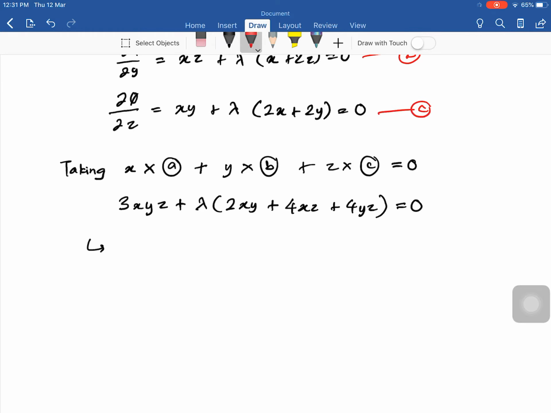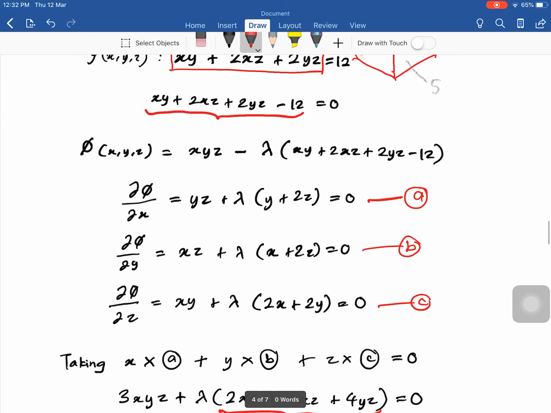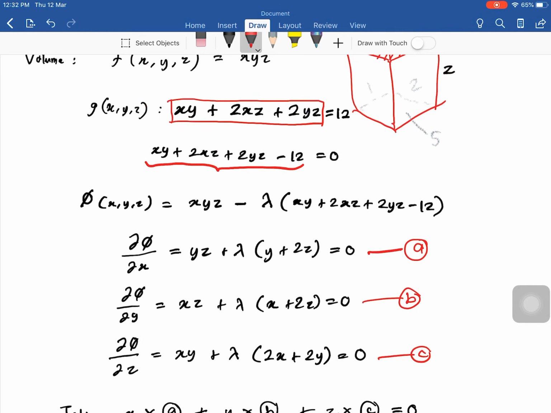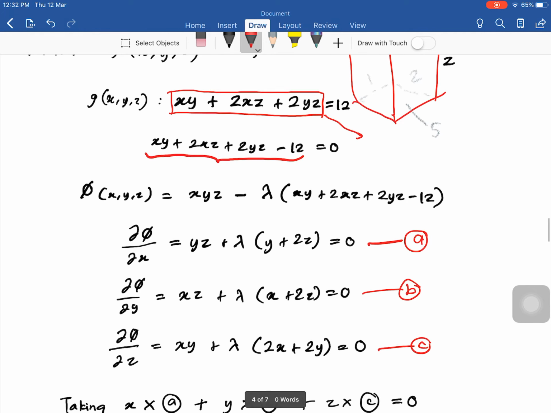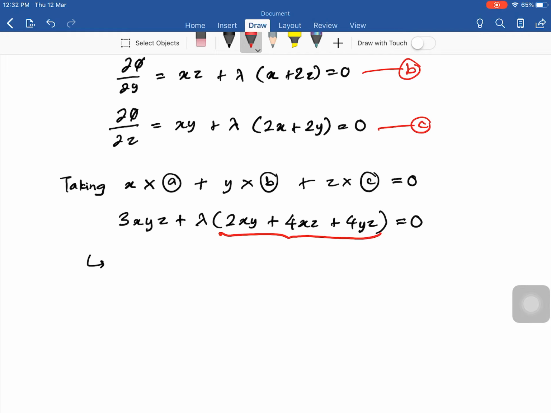Okay, now we can see that this component has a form like this equation, the constraint, but the value is a little different, so that's why we need to simplify it.